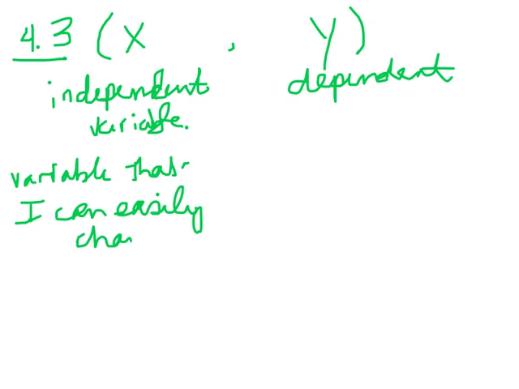For instance, if I have an equation y equals x plus 2, isn't it easier for me to put an x in there and tell you y than it would be if I gave you y is 5? If y was 5, wouldn't I have to do some subtraction in my head to solve a little bit to get the x value?